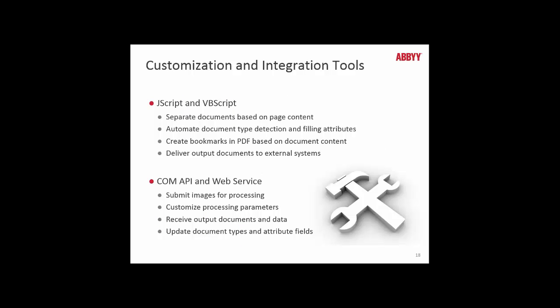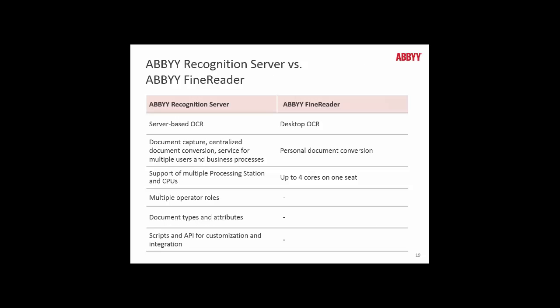Finally, ABBYY Recognition Server provides a lot of customization and integration tools like scripts, as well as COM API and Web Service API. If you are familiar with ABBYY products, I'm sure you know ABBYY FineReader, and here on this slide you can see the differences between these two solutions.